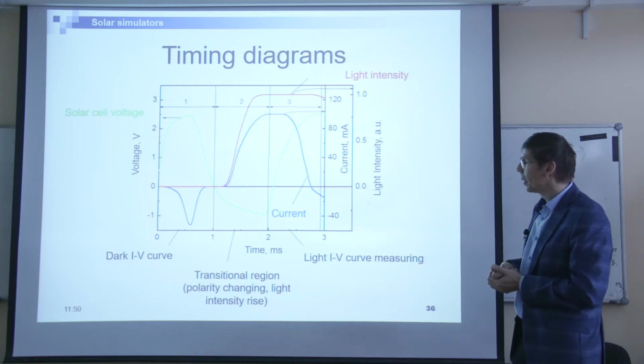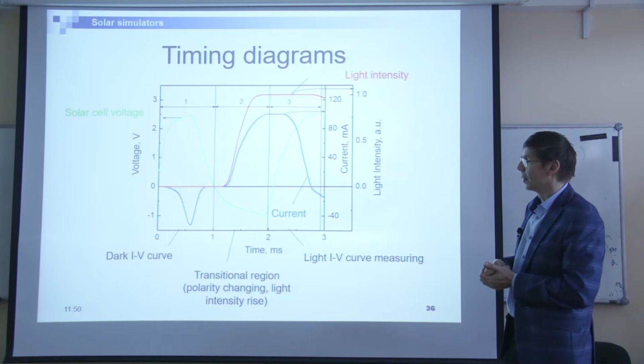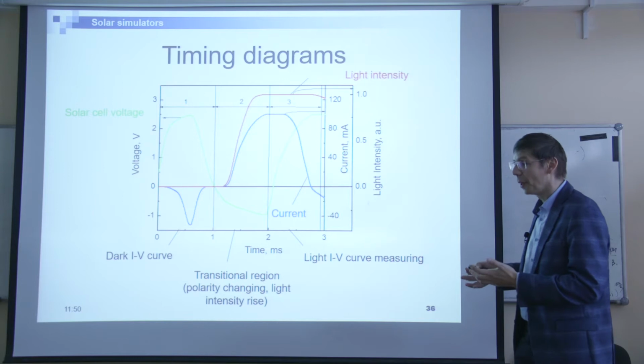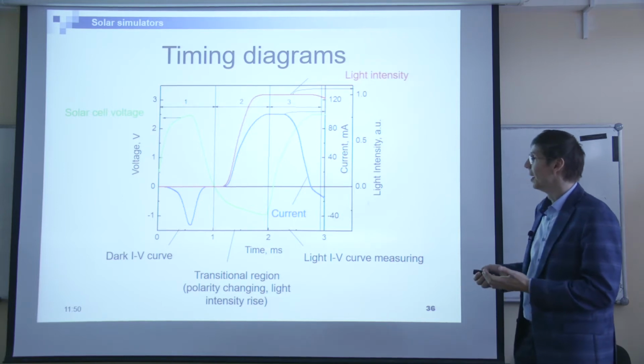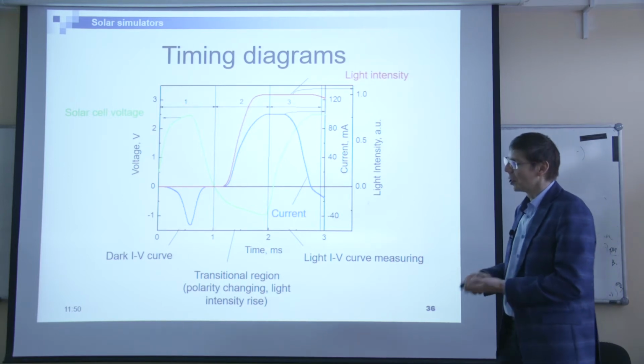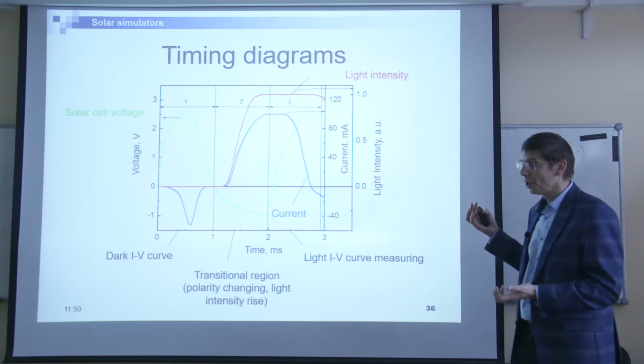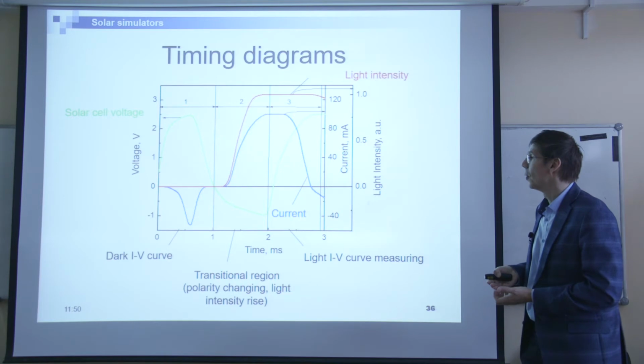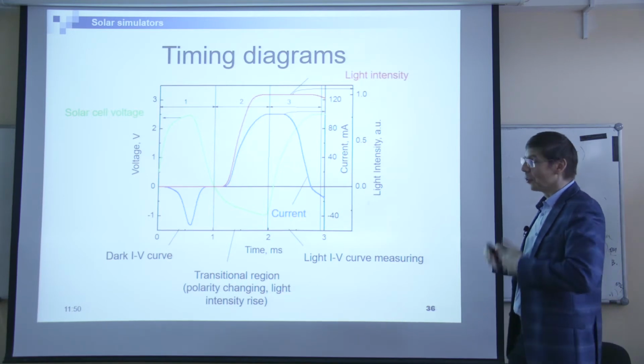And the second one, which is most significant at direct bias, is the diffusion capacitance, and this capacitance increases exponentially with direct voltage. So it's like an IV curve.